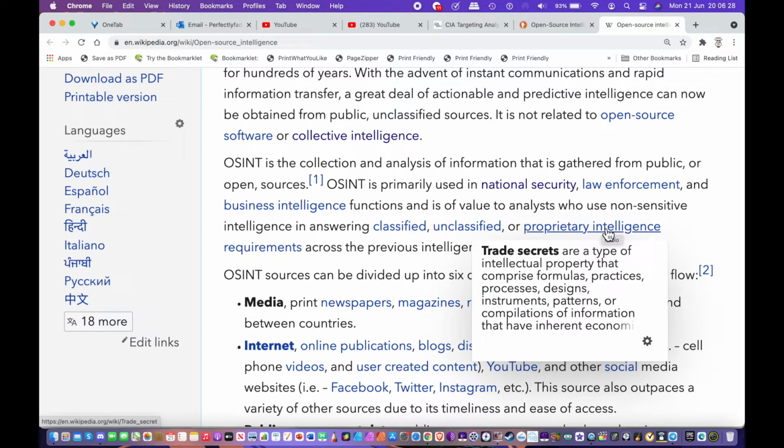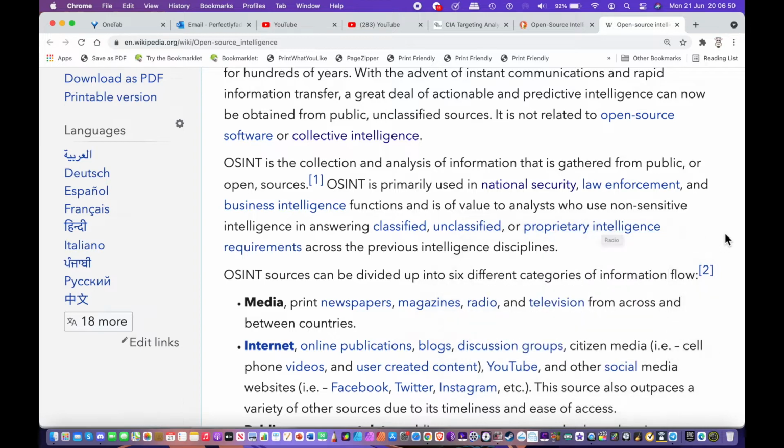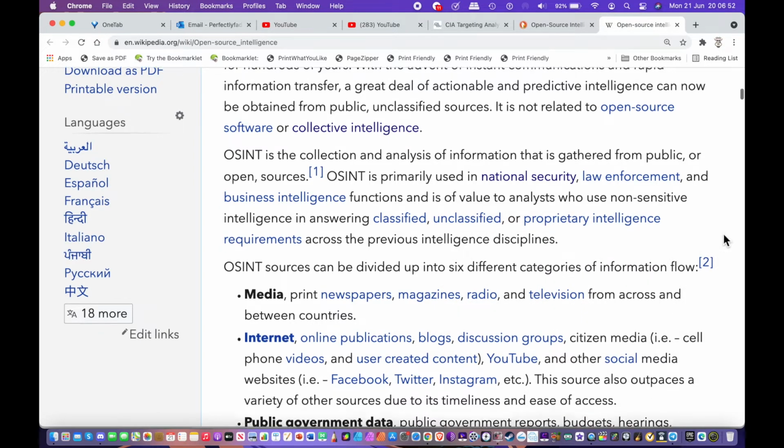A type of intelligence property that comprises formulas, practices, processes, designs, instruments. Oh, scientific trade secrets. Okay. So that word basically means trade secrets of what they use to make a product. So, okay.